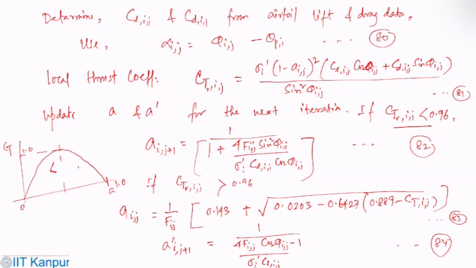Now what one has to check, whatever the new induction factor that has been obtained, is within the acceptable tolerance limit. If so, then the other parameters can be calculated, and if not, then the procedure starts again with the equation.